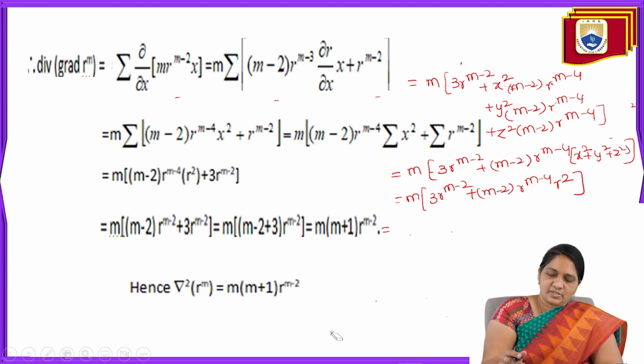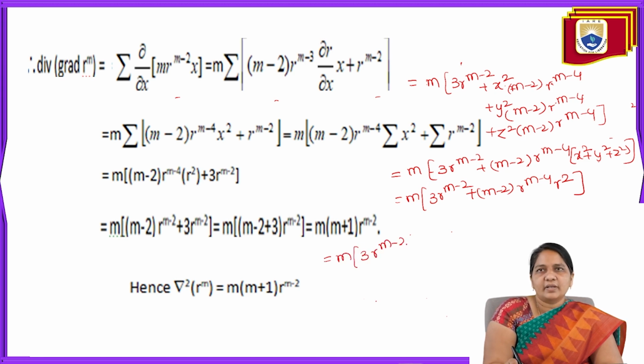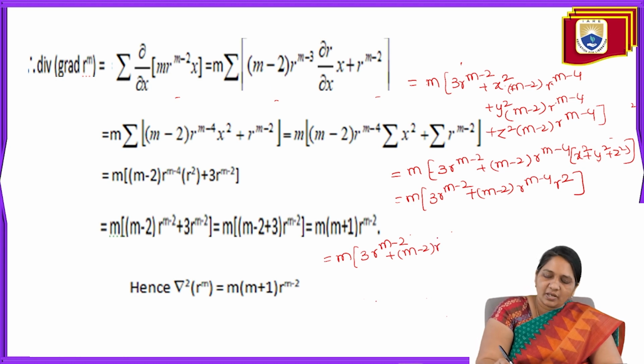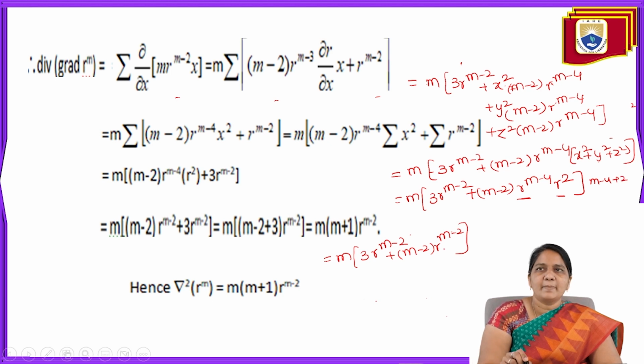Now this is m into 3 into r power m minus 2, plus m minus 2 into r power m minus 4 into r square. Here r power m minus 4 and r square: m minus 4 plus 2 is nothing but m minus 2.